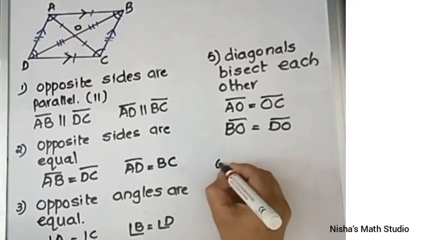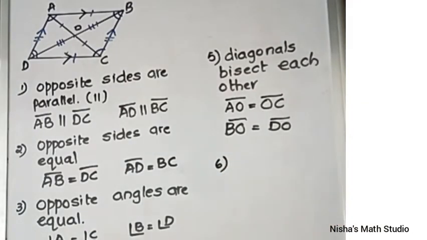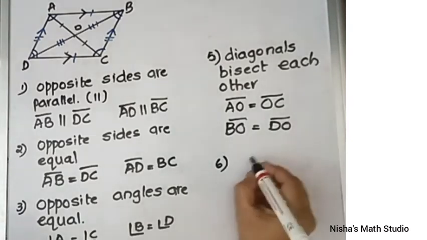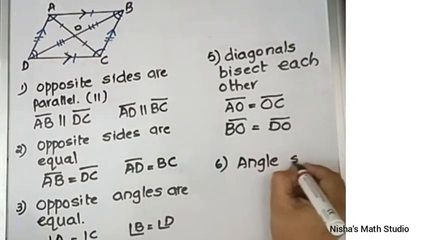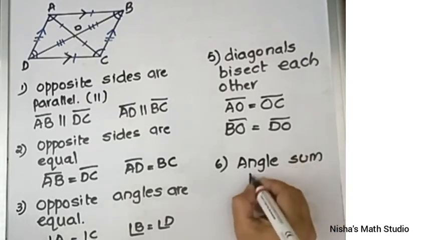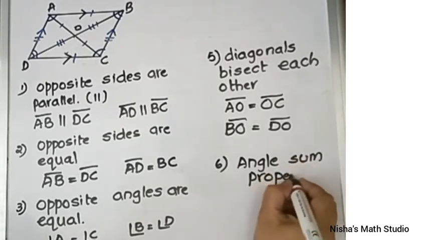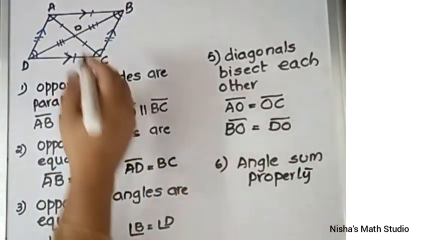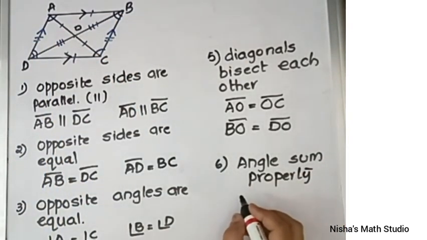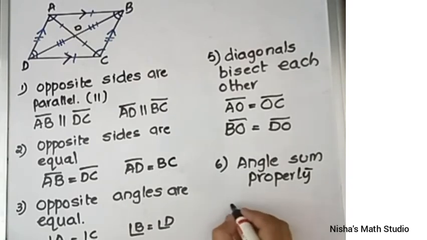Apart from this, to solve the problems, you should also remember the angle sum property. What is the angle sum property? The 4 interior angles, when you add them, the total will be 360 degrees.